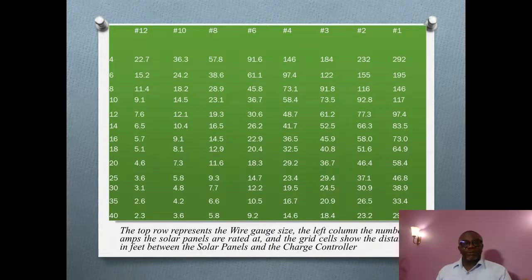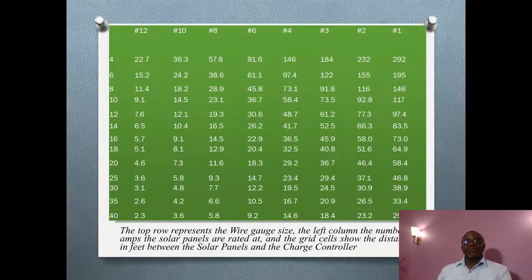In this table, the left column is the ratings in amps. So 6 times 3 will give 18. If we go down, we see 4, 6, 8, 10, 12, 14, 16, 18. So what we need is 18. We go through the grid to see what cable we need.